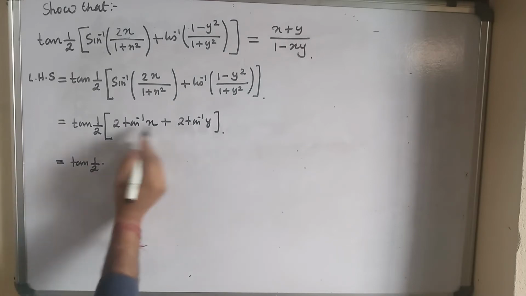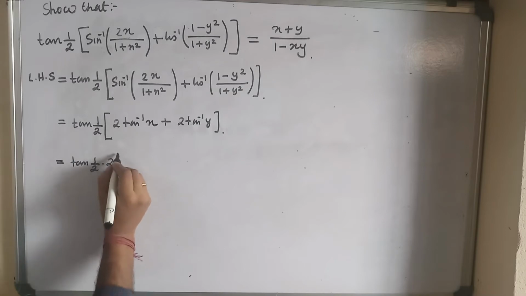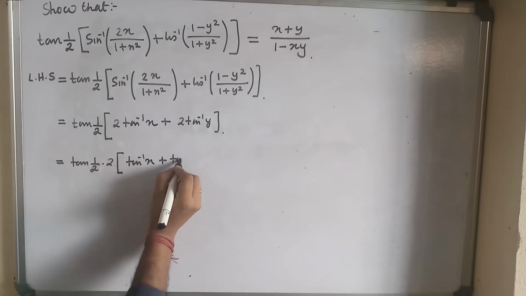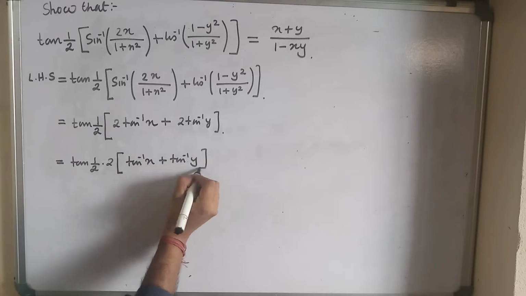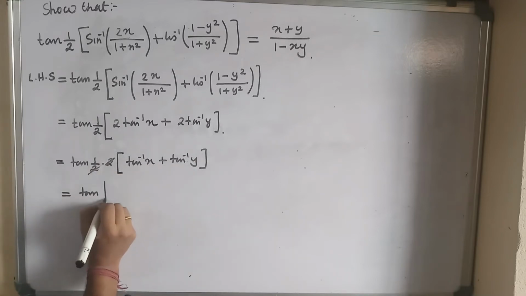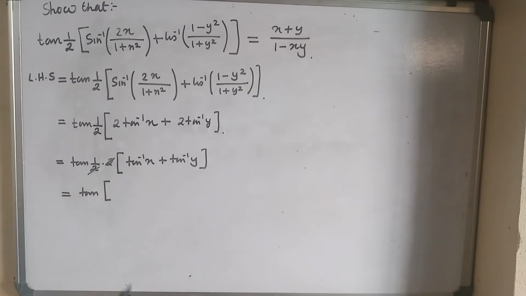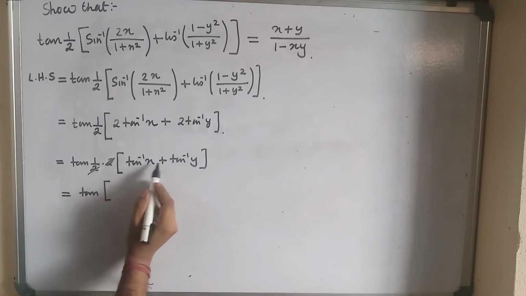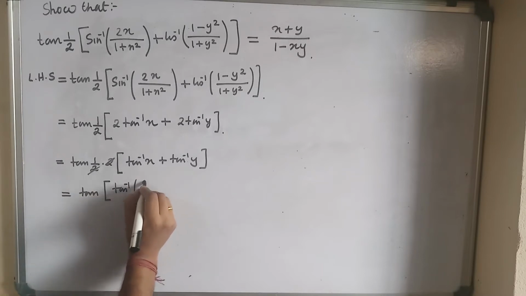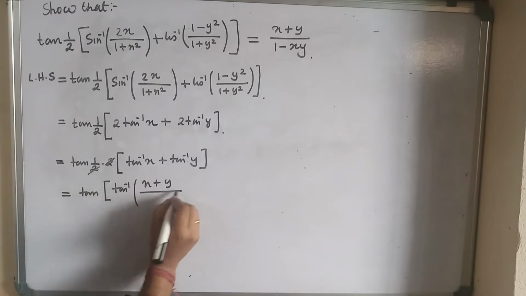I'll take 2 common, so it will be tan inverse x plus tan inverse y, and the 2 gets cancelled. Within the square bracket I'll use the formula for tan inverse x plus tan inverse y. According to the formula, it is tan inverse of x plus y over 1 minus xy.